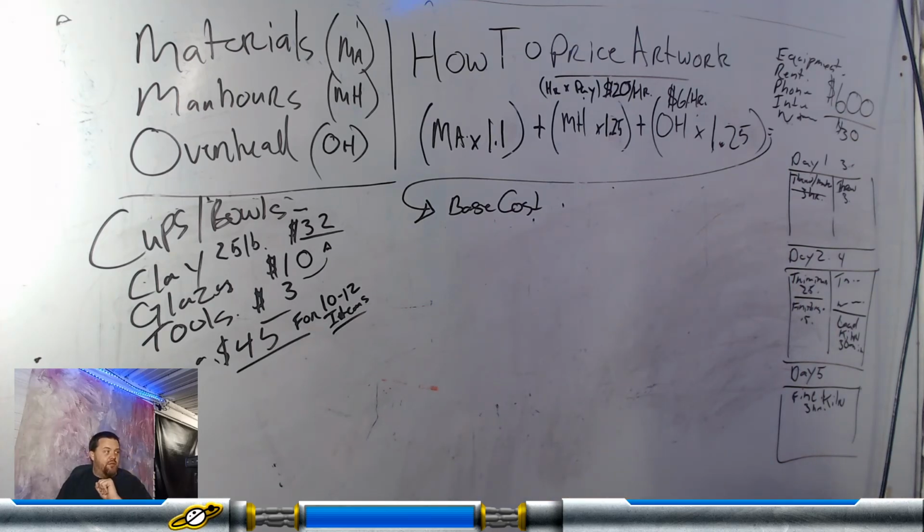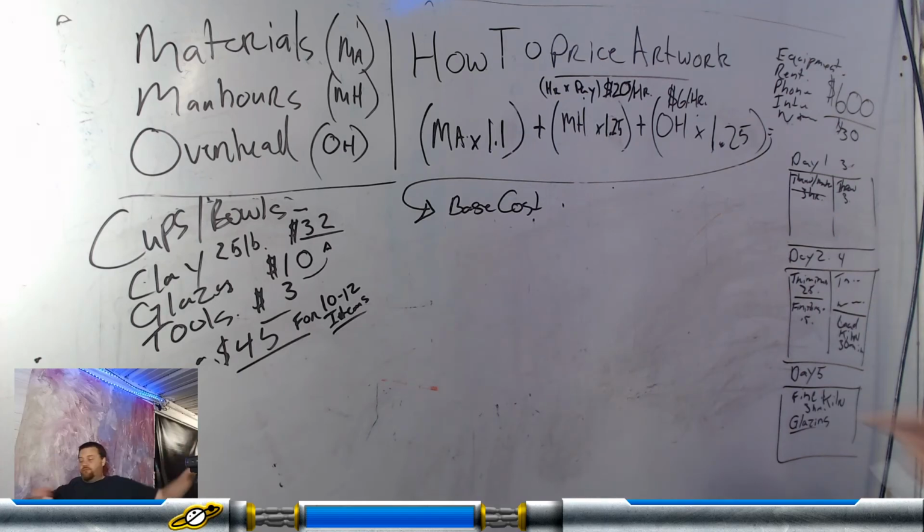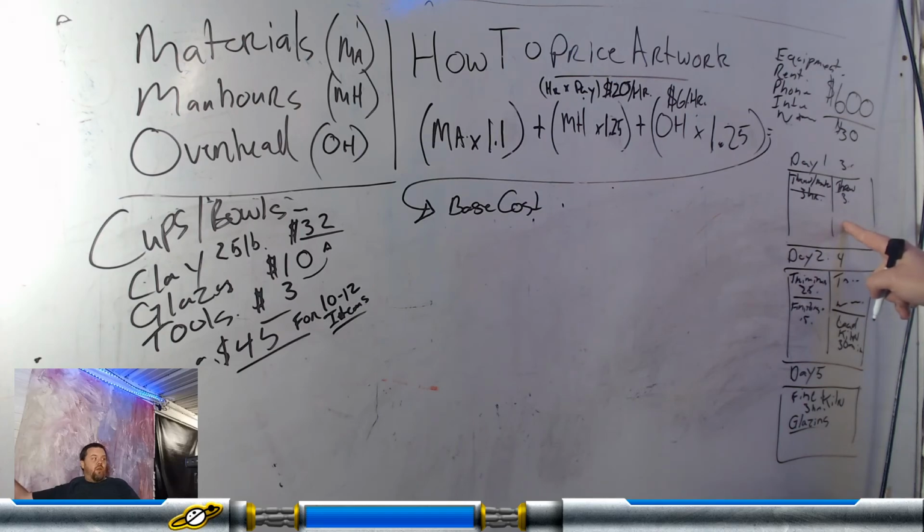because we're doing a production run, probably of something else, we're also going to account for glazing. Now, this is not glazing this particular thing. We're probably glazing another run. But for the sake of argument, we probably already had this much work done.